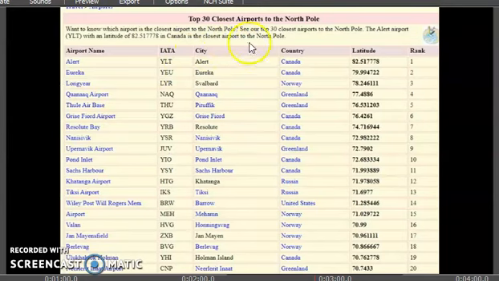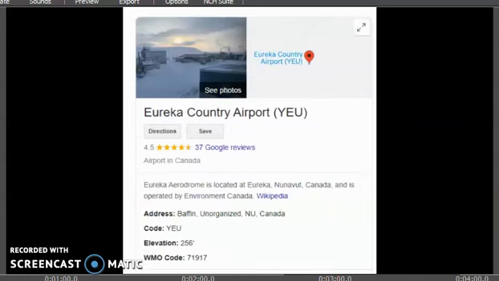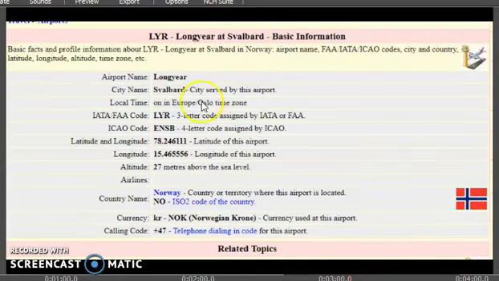So the 3 closest airports to the North Pole: Alert, Eureka, and Longyear. Alert Airport is operated by the Canadian Department of National Defense, so I was unable to get any information on that. Eureka is operated by Environment Canada, not able to get any information on that, so I used the Longyear Airport at Svalbard in Norway, which is a national airport.